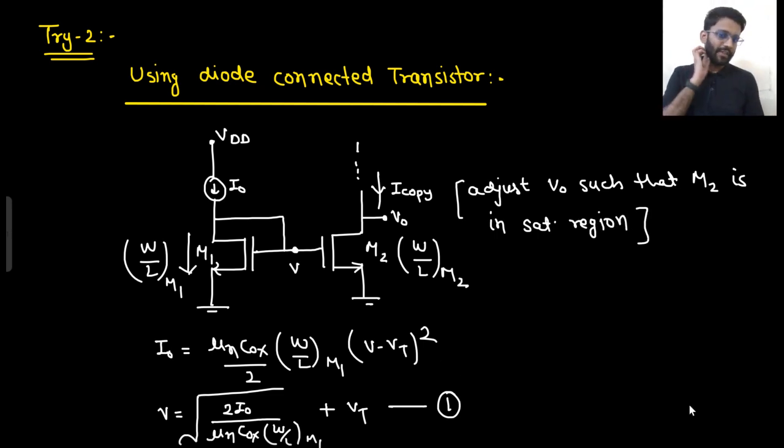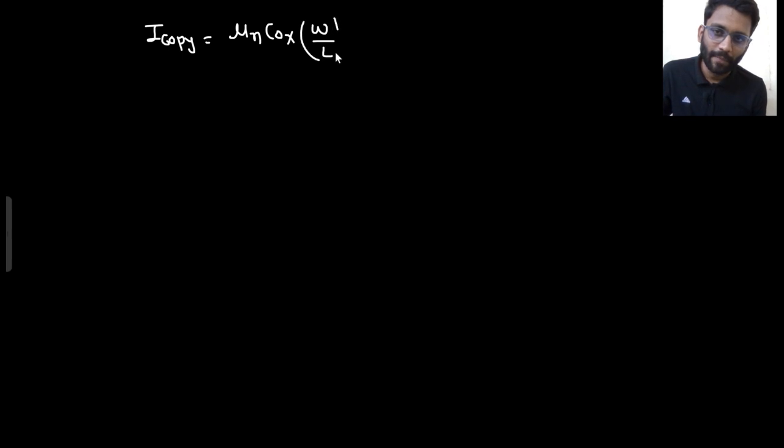Now if M2 is working in saturation region, then what will be the equation of I copy? I copy would be mu n Cox W by L of M2 by 2 into V minus Vt whole square. What is V?